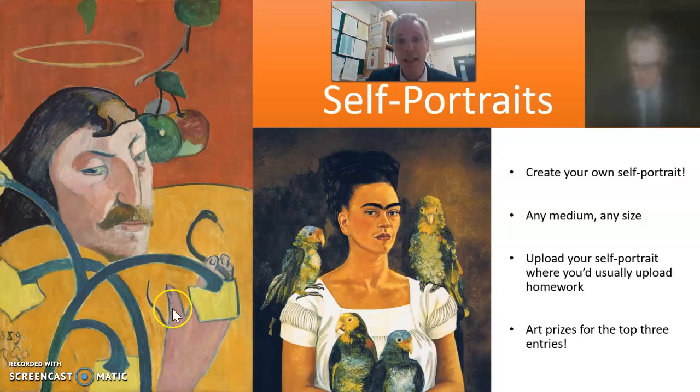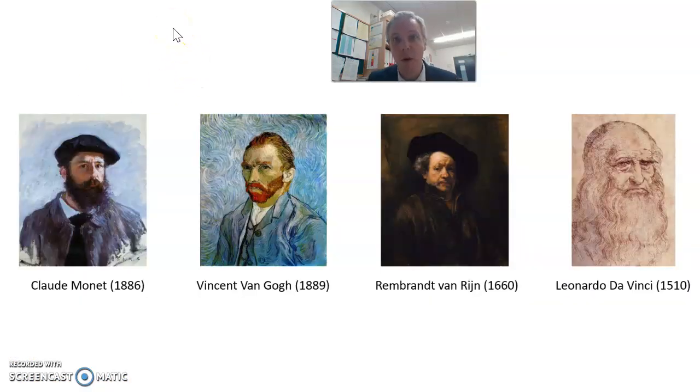I'll talk to you a little bit now about self-portraits to give you some ideas of the kind of things you might do. So here are four self-portraits by four famous artists. You can see that they make themselves quite big in the picture and that they have a background.